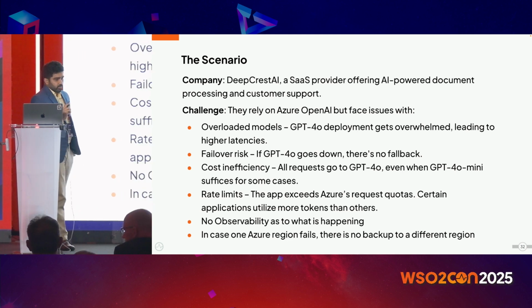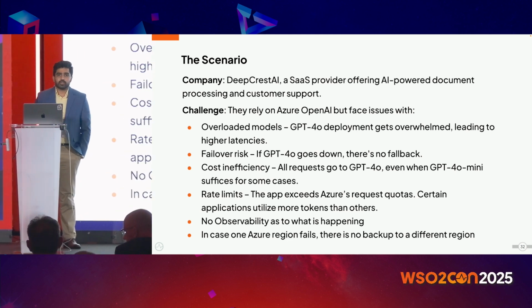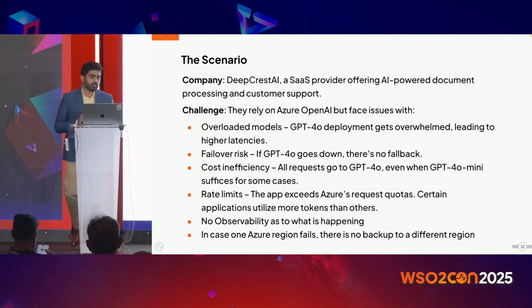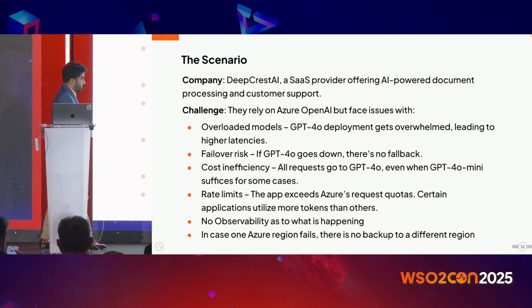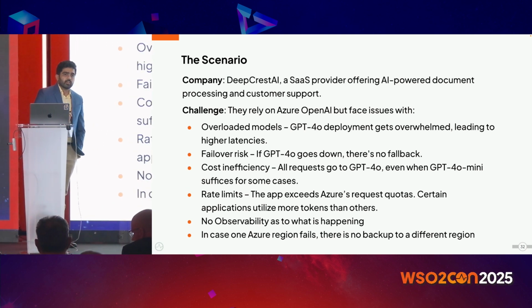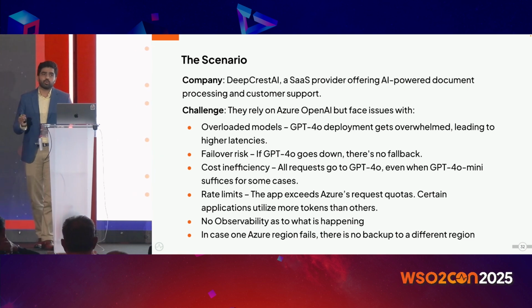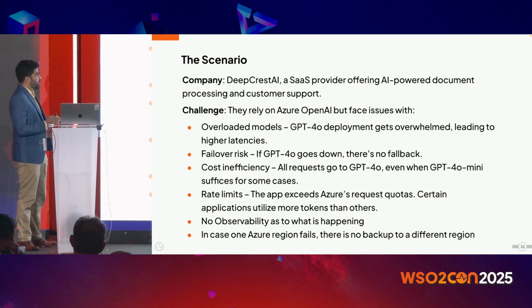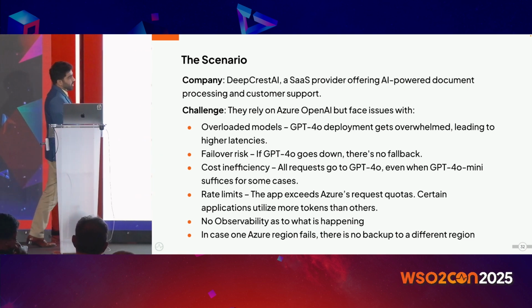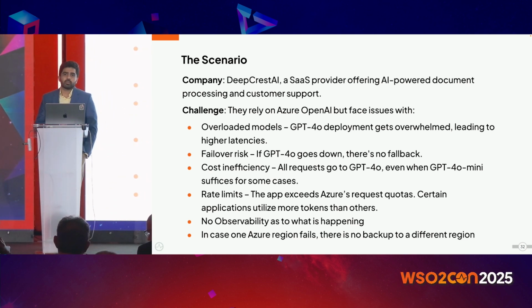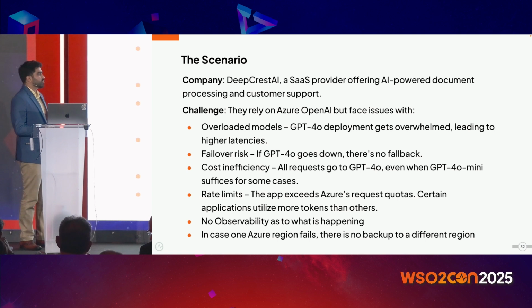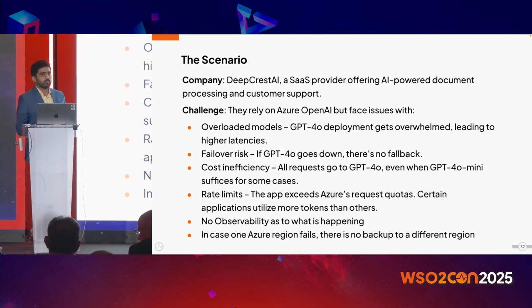The use case we are trying to take is an organization trying to utilize OpenAI. They have first set up with GPT-4o, and they have problems where just being dependent on GPT-4o makes the model get overwhelmed. There can be issues they run into, and there's no backup to fall back on.